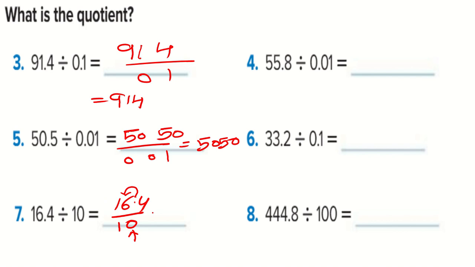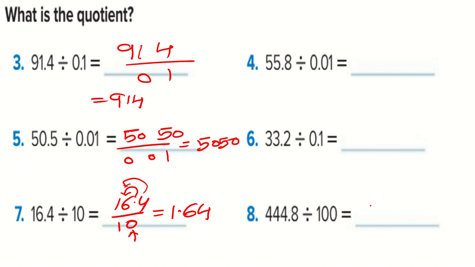We have only one 0 here, so its answer will be 1.64. Again, if the denominator is only 10, my dear students, the decimal point of the numerator will shift one place to the left. If you have two zeros in the denominator, it will go two places to the left.